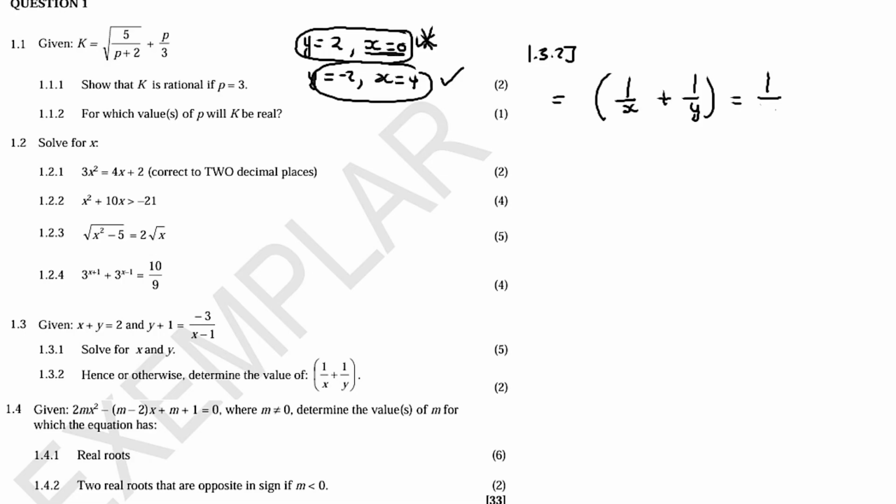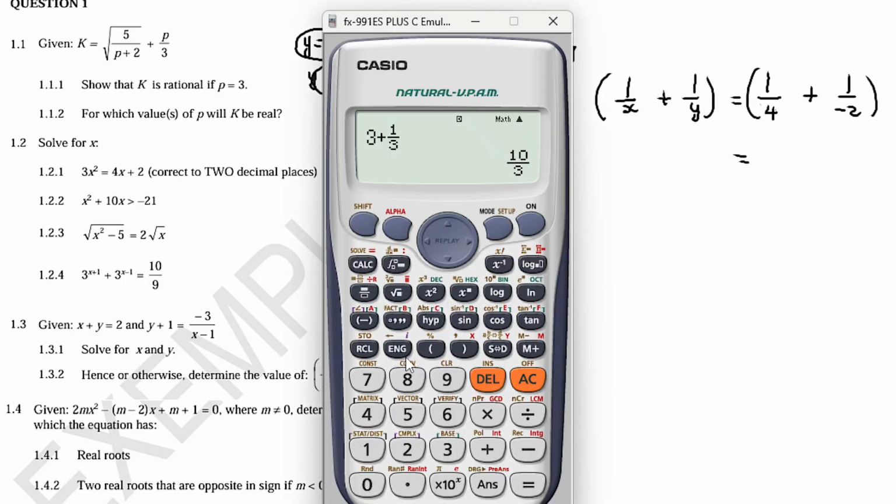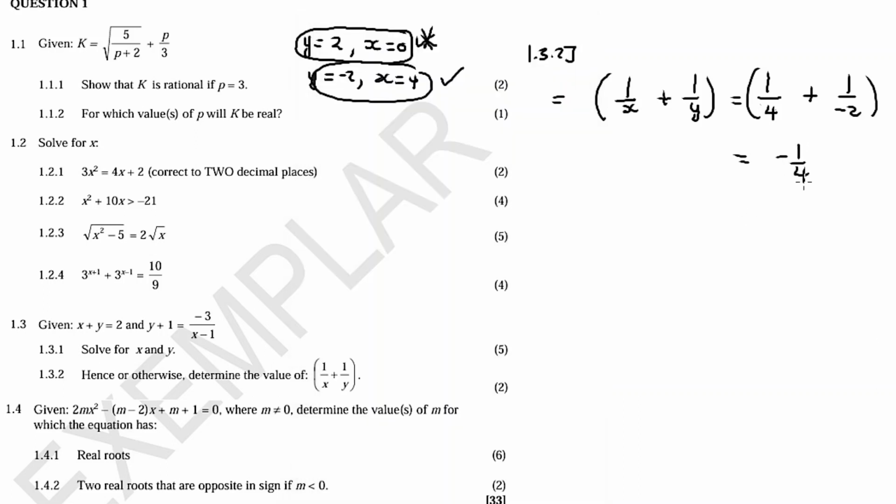Our x here is 0, so that's the only drawdown. So we take 1 over 4 plus 1 over minus 2, which equals minus 1 over 4. This is our solution.